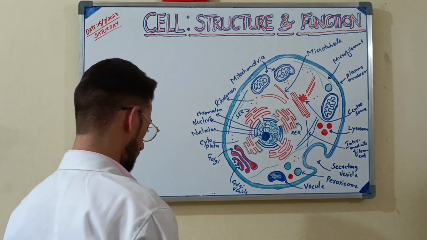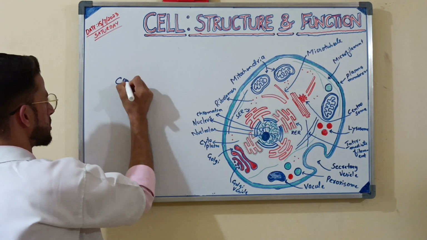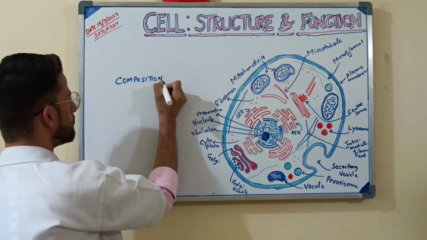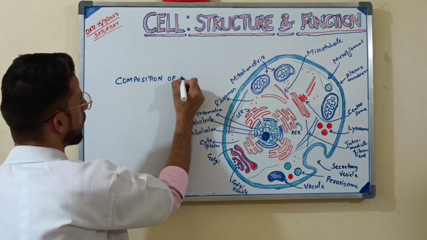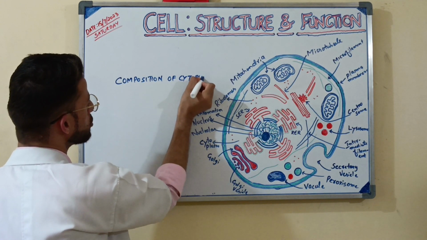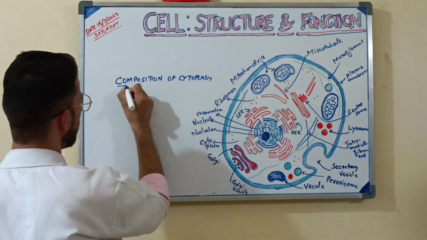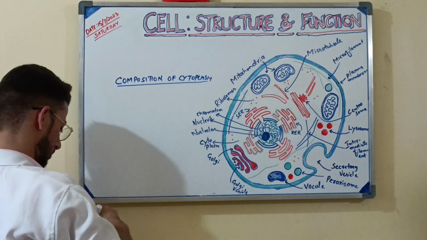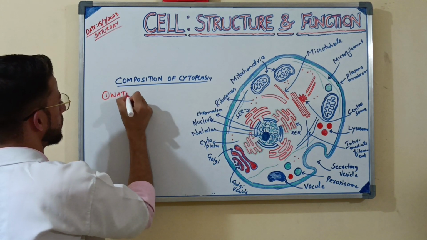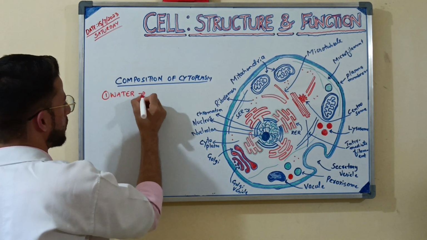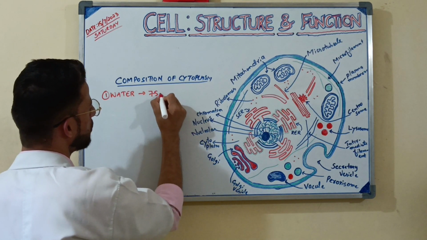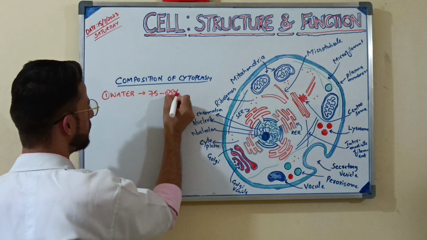So next one is composition of the cytoplasm. Cytoplasm is mainly composed of, first one is water, that makes up 75 to 85%.